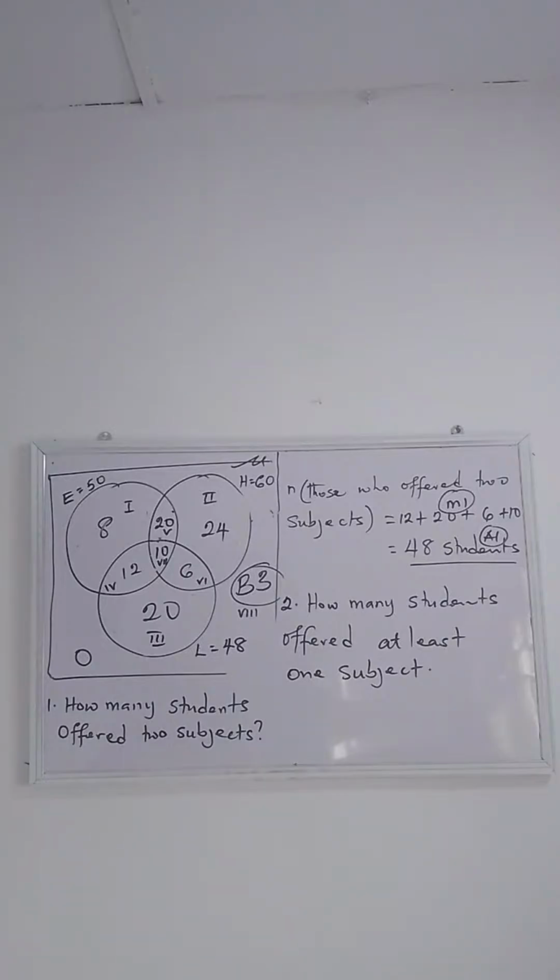How many students offered at least one subject? Okay, so I'm waiting for your answer. All right, I can see Abosede, 52. Abbas, we have 54. Okay, we have 100, we have 52, we have 54.